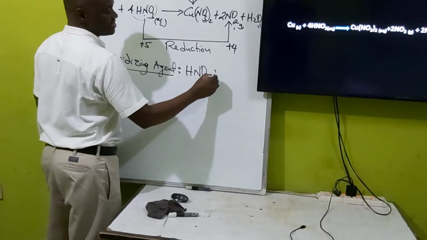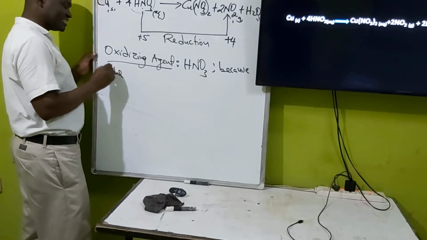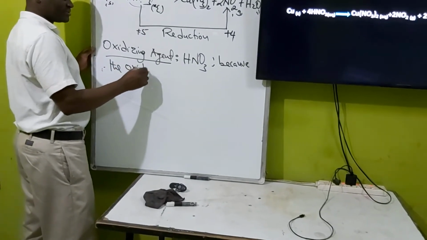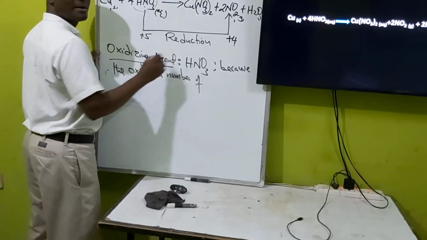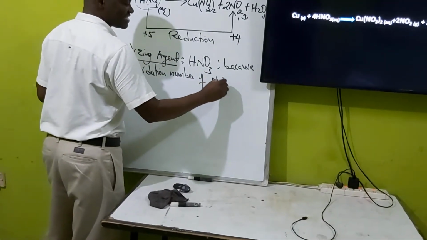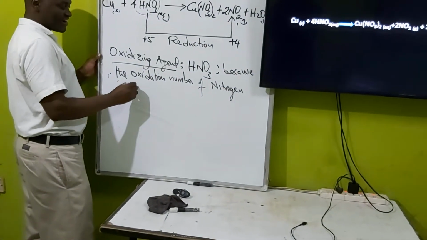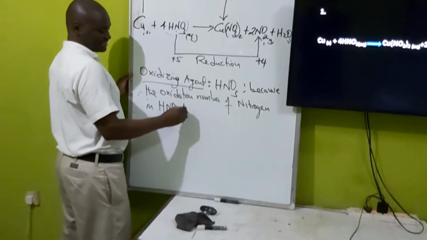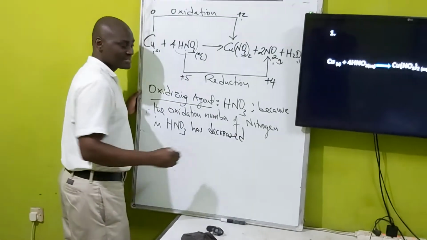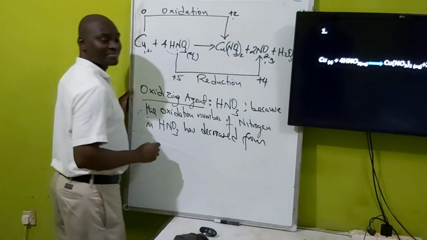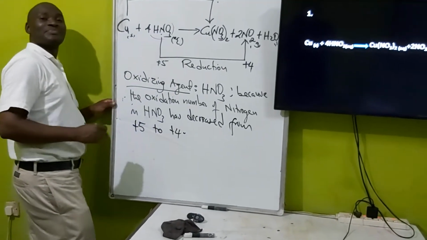Why? Because the oxidation number of nitrogen in nitric 5 acid has decreased from positive 5 to positive 4.